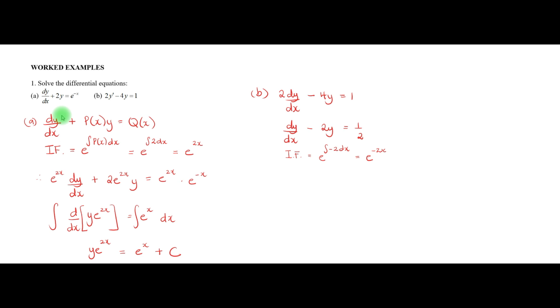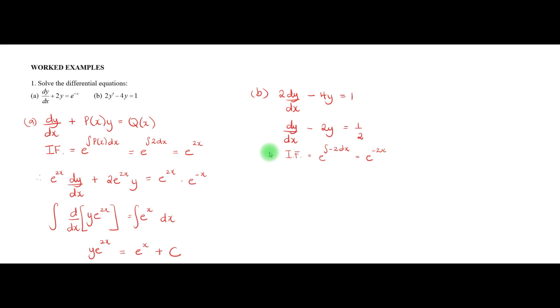Now, as I said, we're going to take the e to the -2x and multiply the entire equation and then do some manipulation to the left side. But the left side will always work out to be y times the integrating factor, right? So I'll skip a step or two.